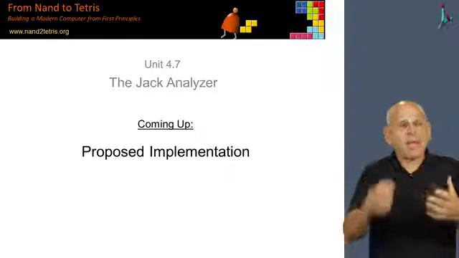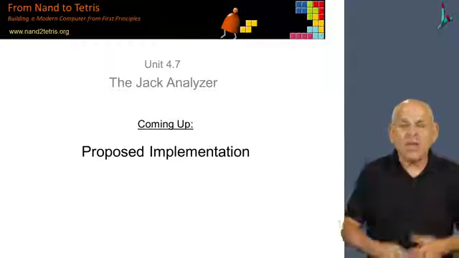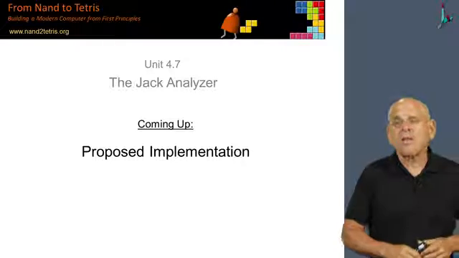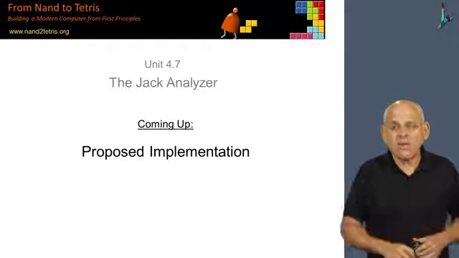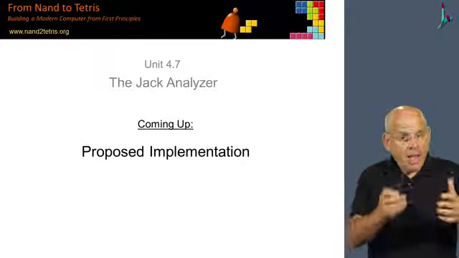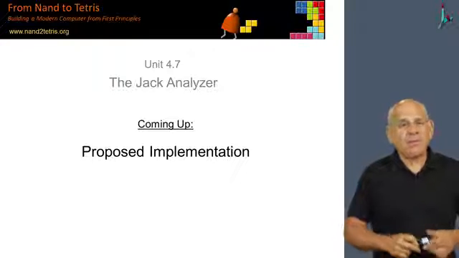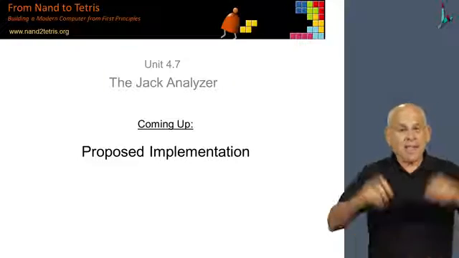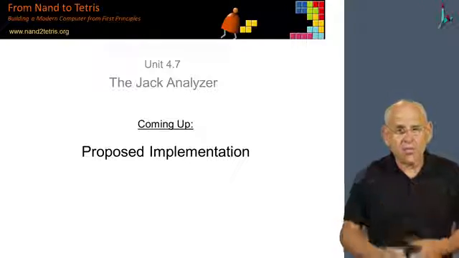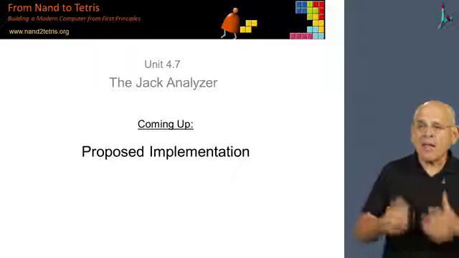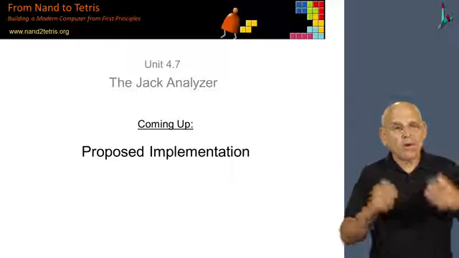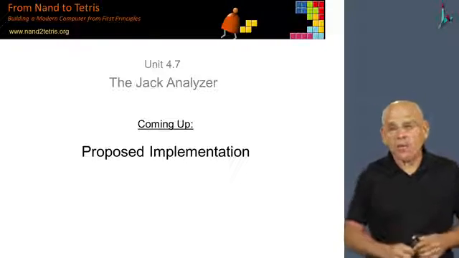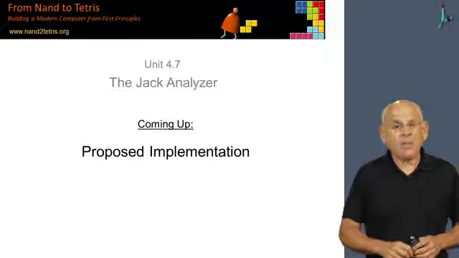You know, that we said that it's going to have a set of methods, one for each rule that handles the corresponding rule. And also in the next unit, we're going to give you the proposed implementation of the Jack analyzer, and taken together, these two units, 4.5 and 4.8, will give you all the information that you need in order to write such a Jack analyzer yourself.